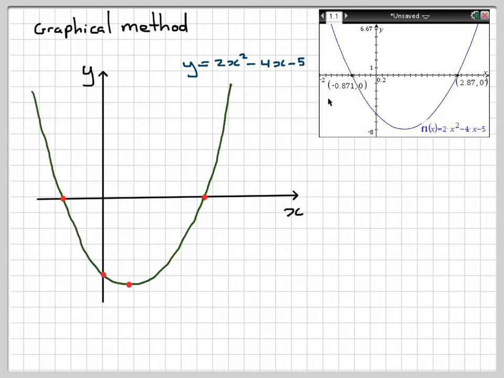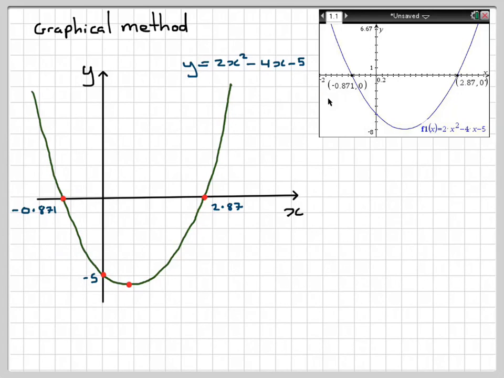The calculator had to find these two values, so we'll mark them on, minus 0.871 and 2.87. This one, minus 5, you can get by this number here. Think about that.